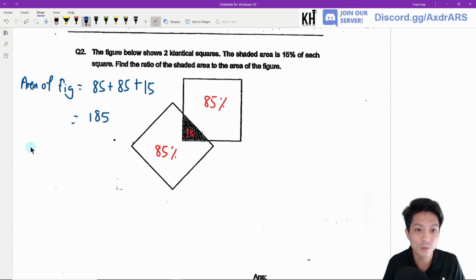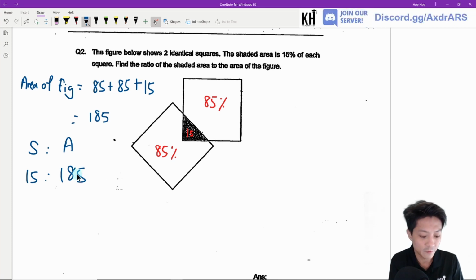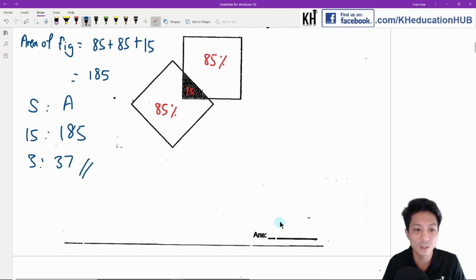So the ratio of the shaded area to the area of the figure will be 15 is to 185. 15 over 185 will be equal to 3 is to 37. So the answer for question 2 will be 3 is to 37.